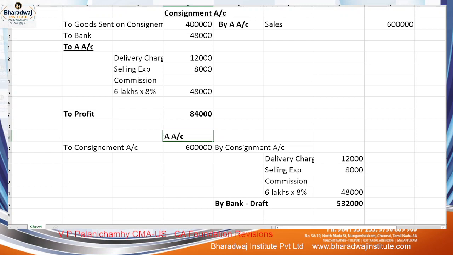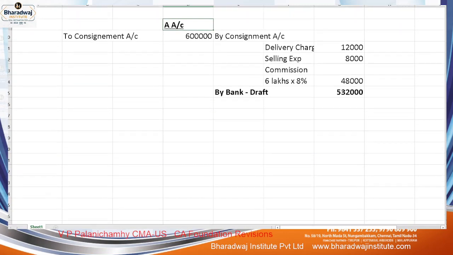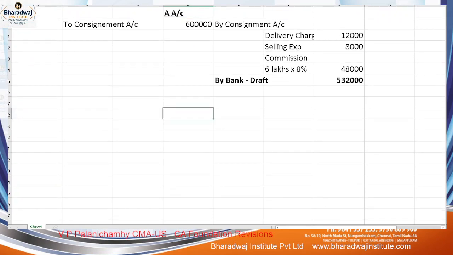Bad debts will not come. When del credere commission is paid, it will not come in the books of the consignor. And the 5,92,000 only collected, that will not come in A's account. When you prepare it in A's books, he will charge bad debts against the commission. In the books of A, which account will we prepare?